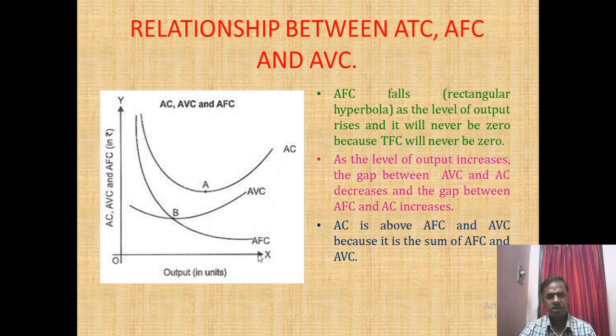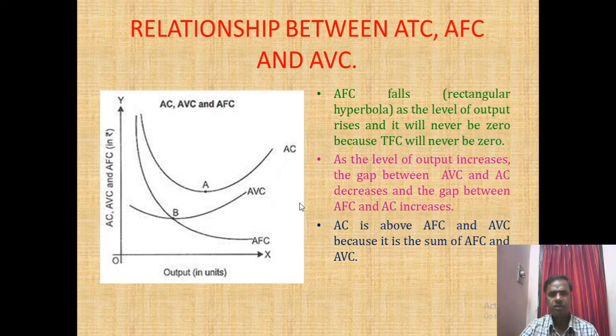At the increased level of output, the difference between AC and the AVC is smaller, or when the level of output increases, the difference between AC and AVC decreases. On the other hand, when the level of output increases, the difference between AC and the AFC increases.